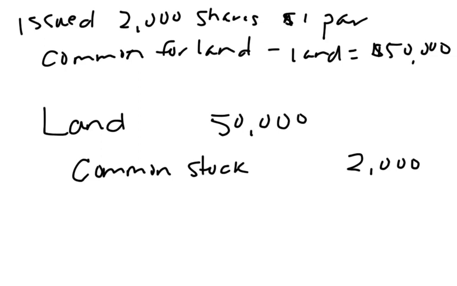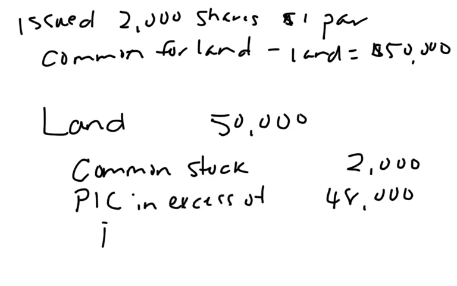So the remainder, that $48,000, is going to be credited and increase that additional paid in capital account. So again, I'm going to shortcut a little bit because of space. So paid in capital in excess of par common. There we go. Recorded the issue of stock for land.